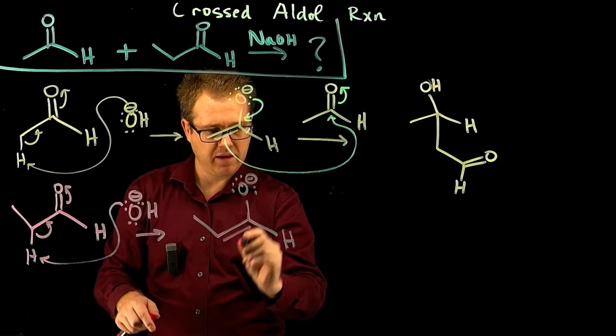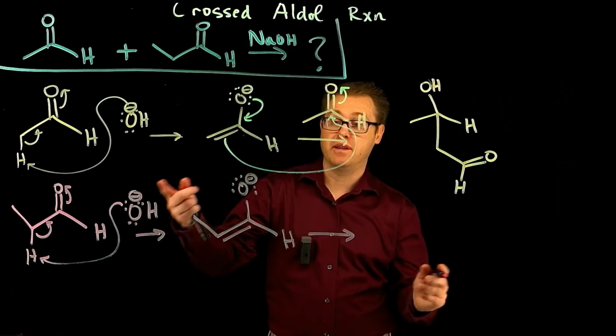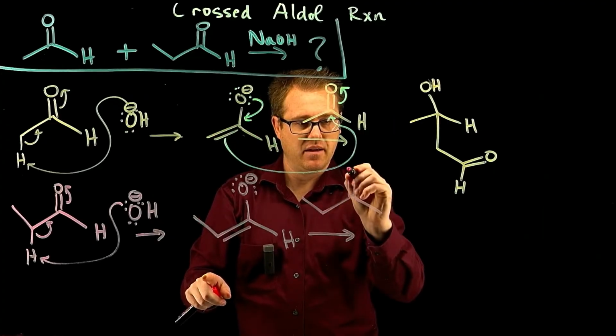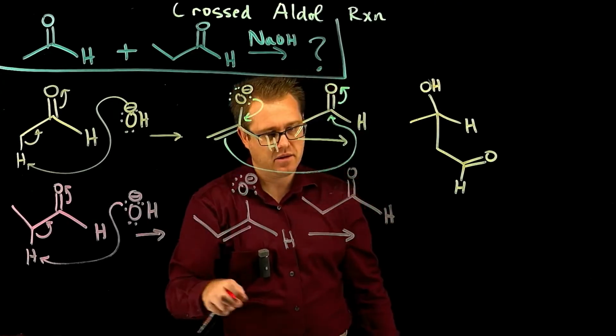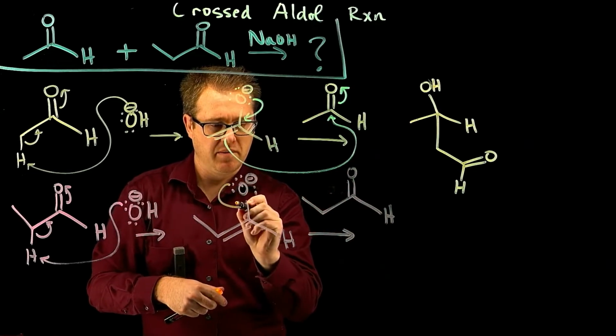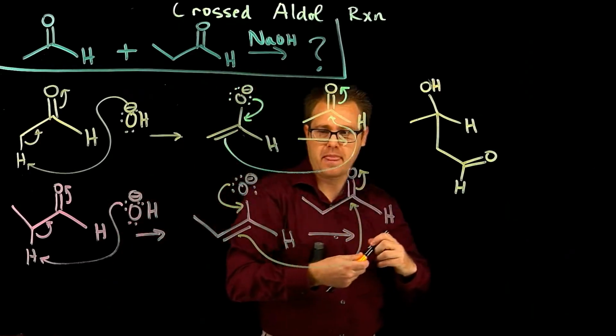And then we would have the enolate there. And then that enolate could react with another of the same aldehyde, like so. So these would come back down, and those would come and attack, like so.